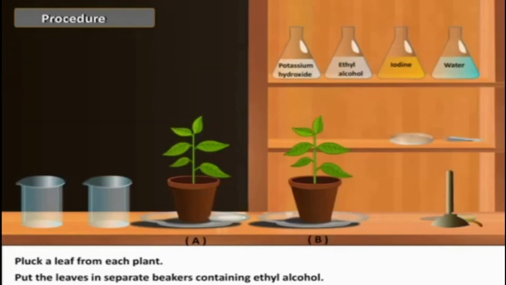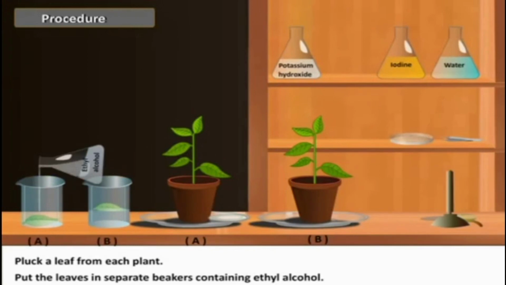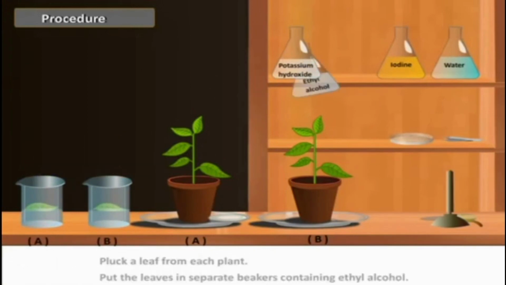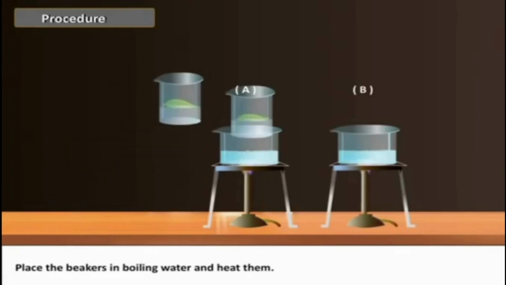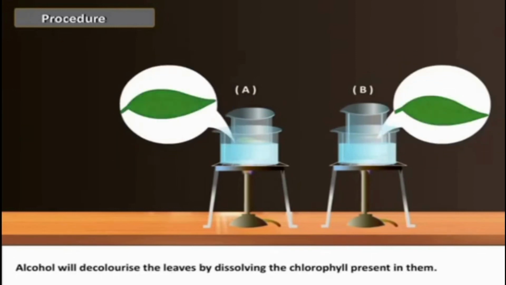Pluck a leaf from each plant. Put the leaves in separate beakers containing ethyl alcohol. Place the beakers in boiling water and heat them. Alcohol will decolorize the leaves by dissolving the chlorophyll present in them.